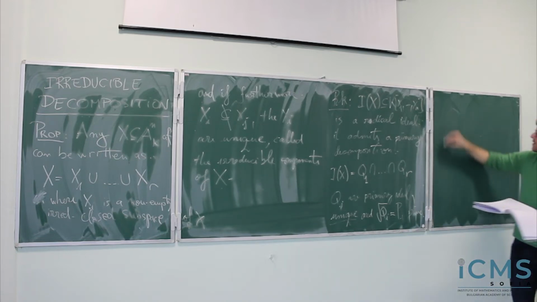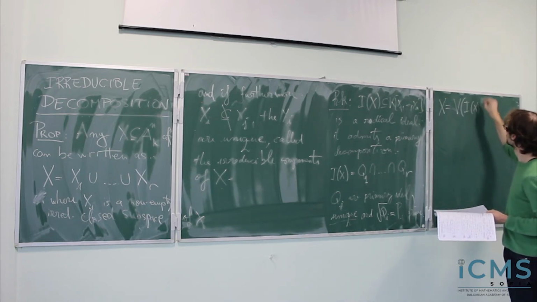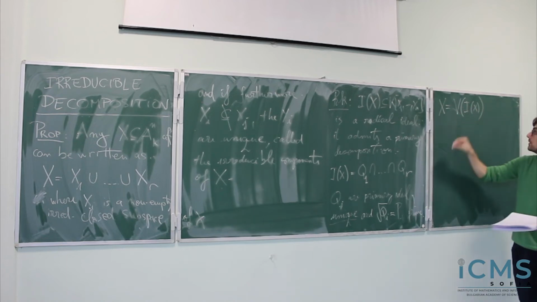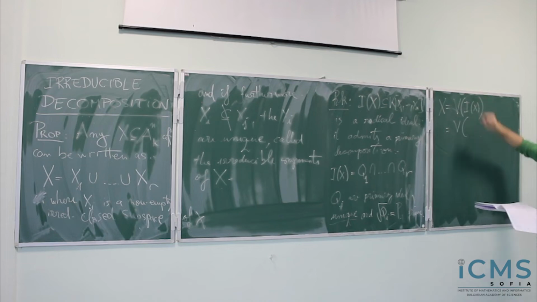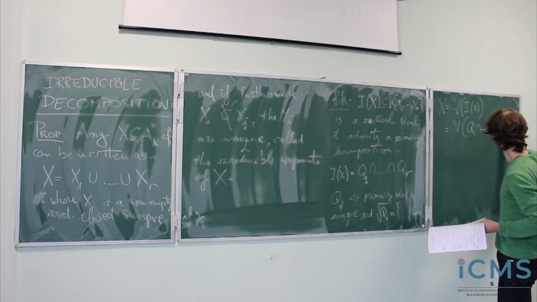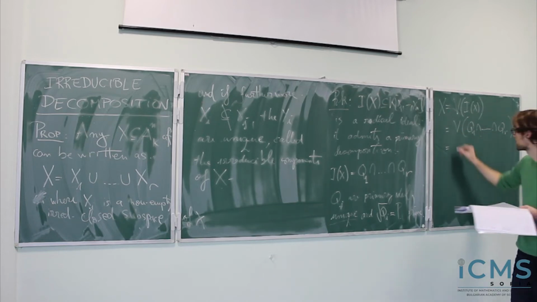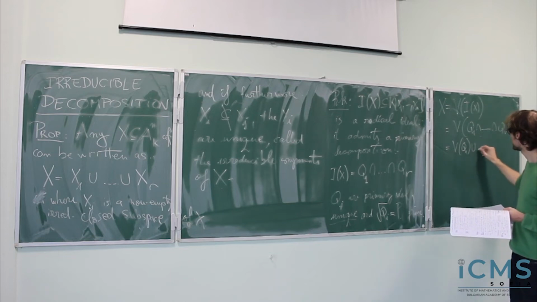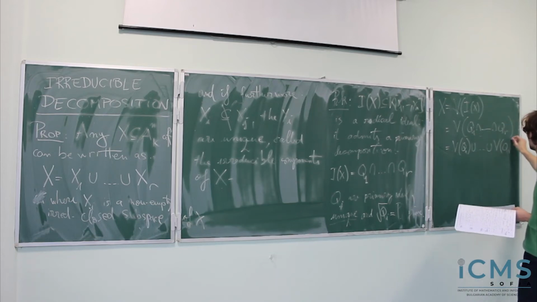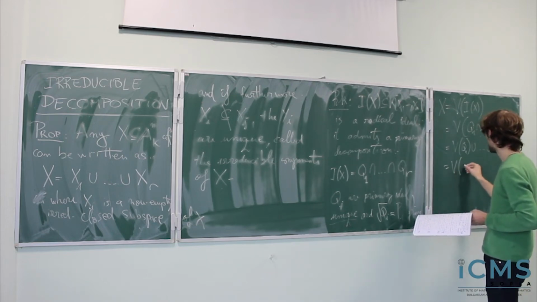Okay, so let's see what happens if we come back to X. Well, as you know, this ideal is the intersection of its primary components. And we know that this intersection of ideals will give us a union at the level of zero locus. So we have V(Q1) union ... union V(Qr). But I know that I can take the radical of each of these ideals for the zero locus. It will give us the same affine subset.